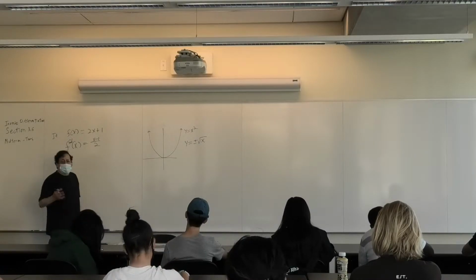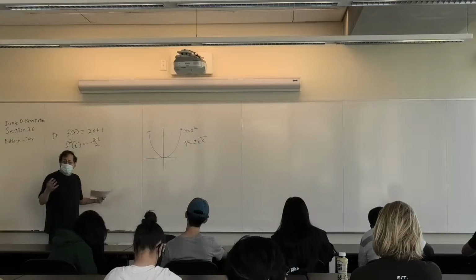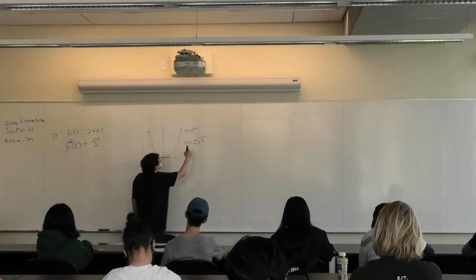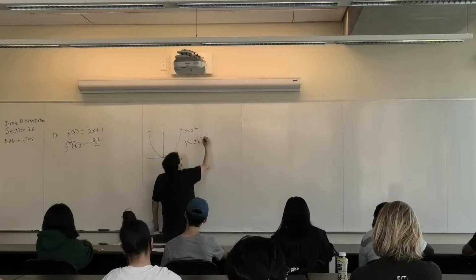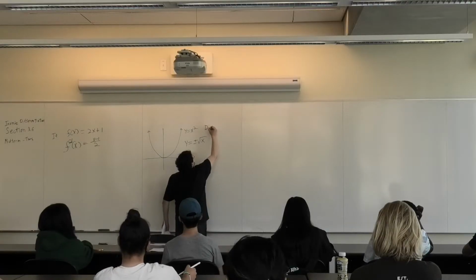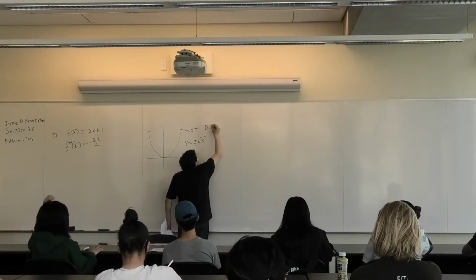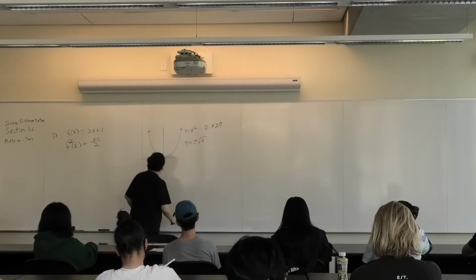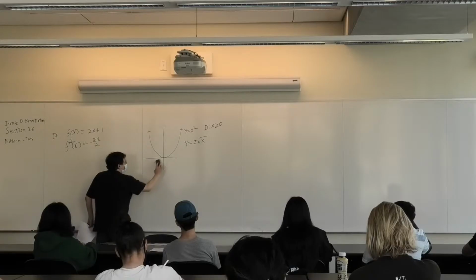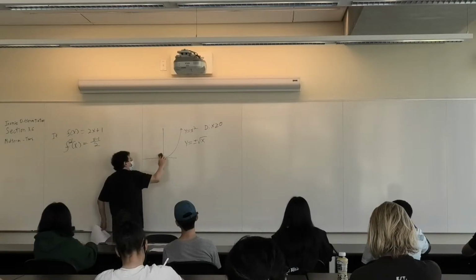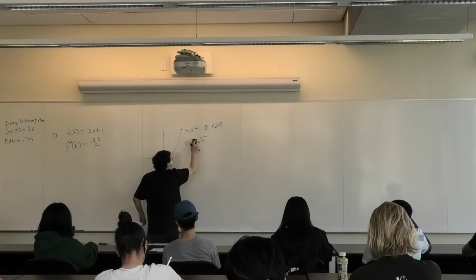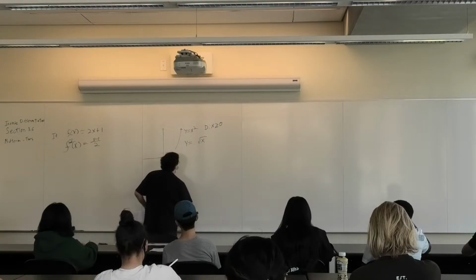So sometimes to get a function to have an inverse, we have to restrict the domain. If we add the restriction that x is greater than or equal to 0, now we're just looking at this function, and sure enough, it has an inverse, which also is a function.